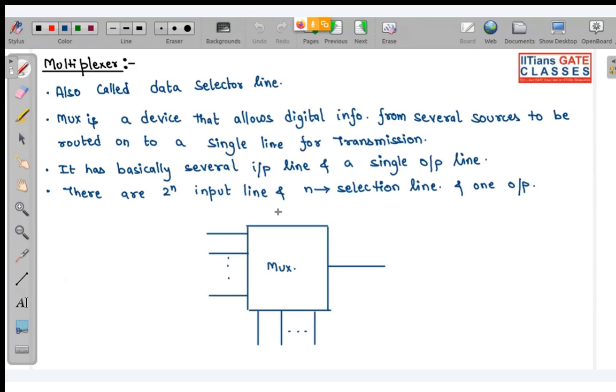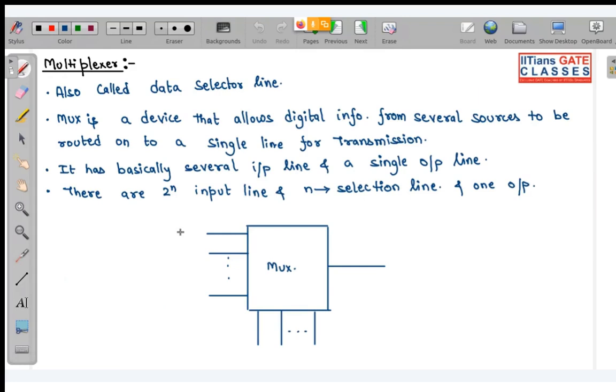I just know it selects one, single. There is no random motivation for the mux to select an input. There might be some rule by following which it selects the input and output.